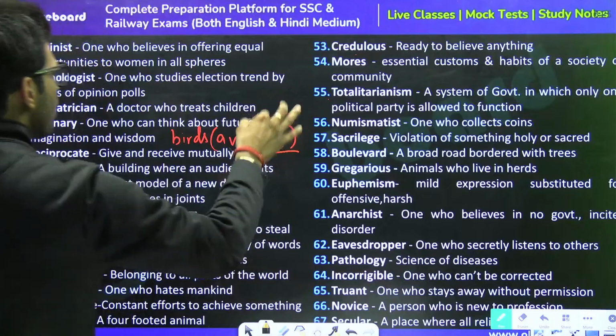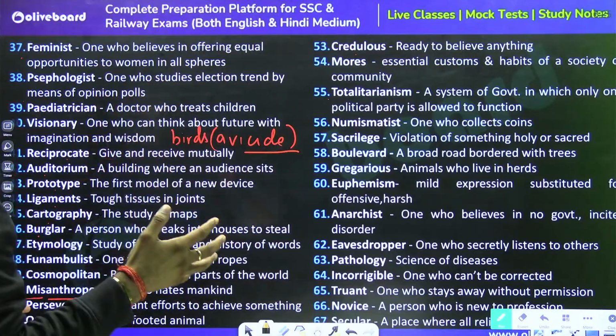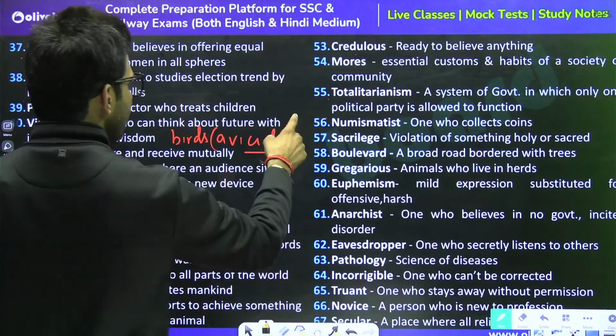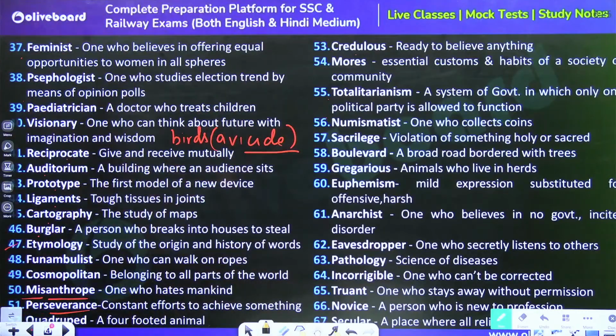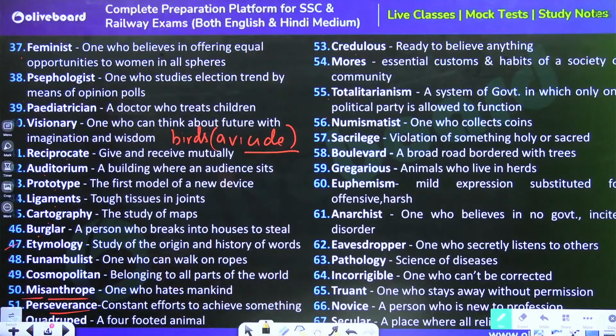Where just one political party is allowed to function is supposed to be totalitarianism. Study of coins, collection of coins. The one who collects coins is supposed to be a numismatist. Sacrilege, violation of someone or something holy or sacred.